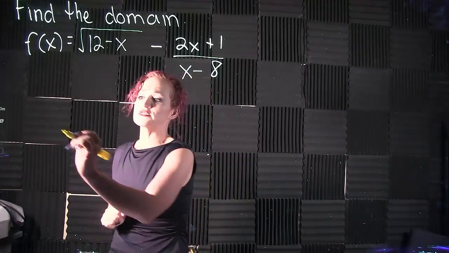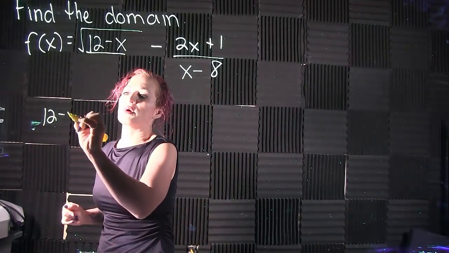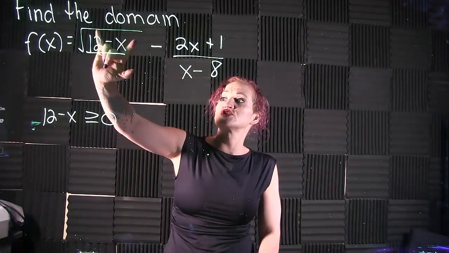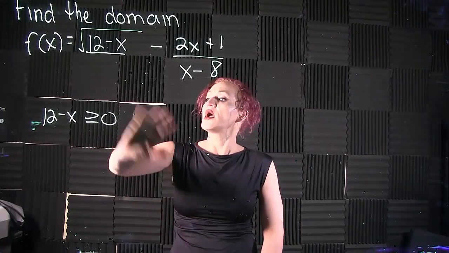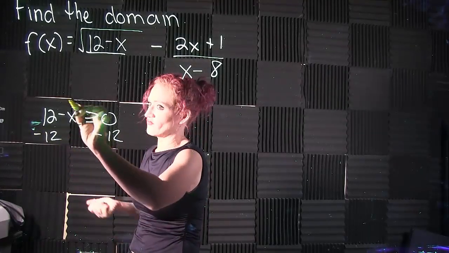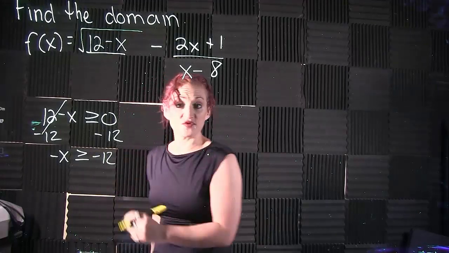The first stipulation: we need to figure out when the radicand here, the 12 minus x, is greater than or equal to 0. So just drop down what's underneath of that, set it greater than or equal to 0, and solve. We can subtract 12 from each side to get negative x is greater than or equal to negative 12.